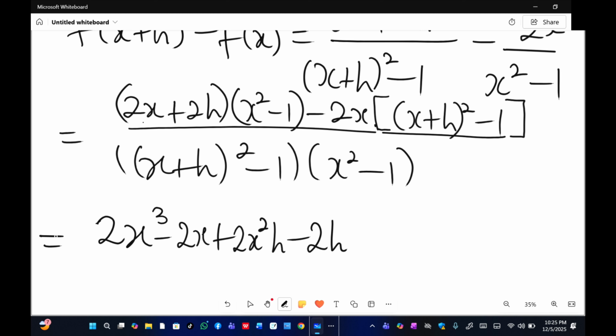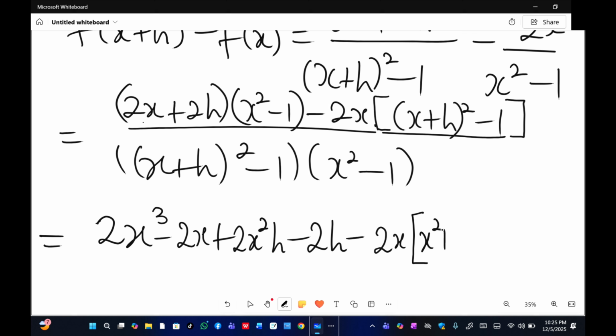All right. So now let us work with the other bracket. We have minus 2x multiplying the whole of what you have in the bracket. When you expand x plus h all in bracket squared, we get x squared plus 2xh plus h squared, then minus 1. We have done a similar thing in the previous video.